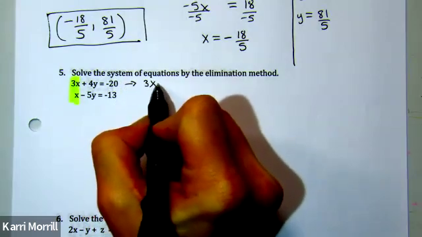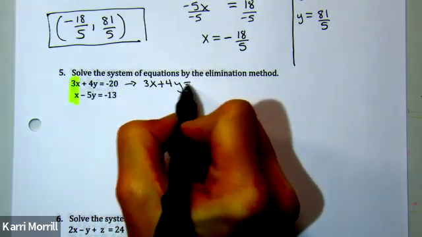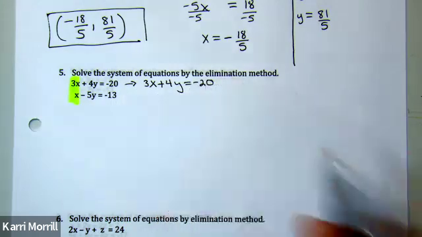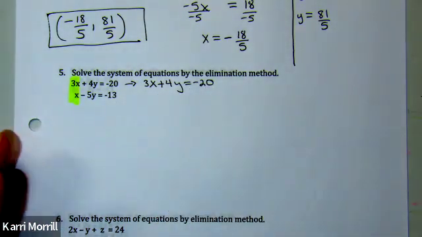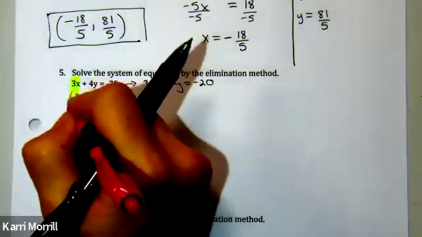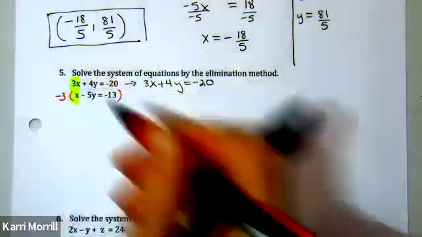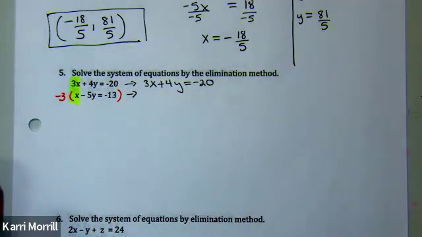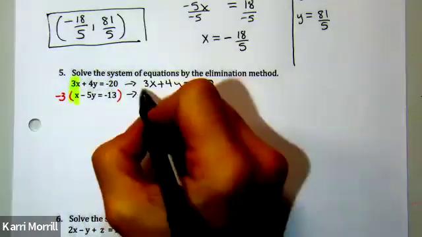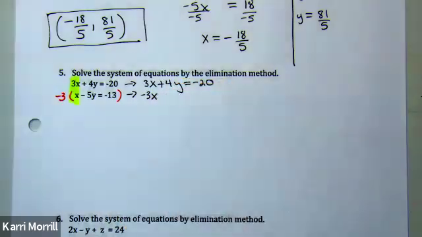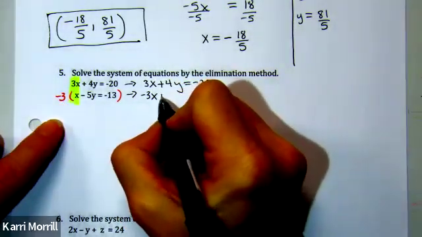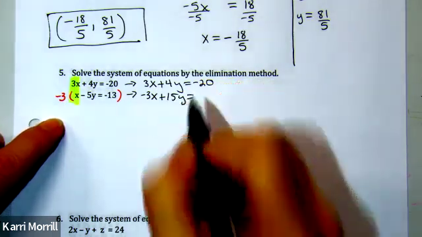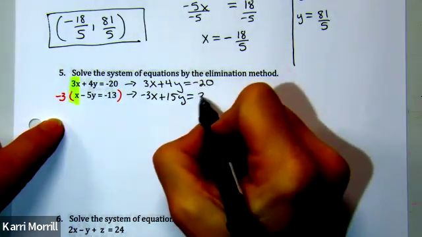So that's why I said you definitely have freedom. And I think I did do one with an x and one with a y before. But if I only multiply the bottom one times -3, sometimes the less you're changing, the better, less room for mistakes. So -3x plus 15y equals a positive 39.